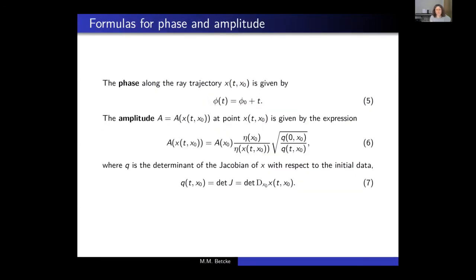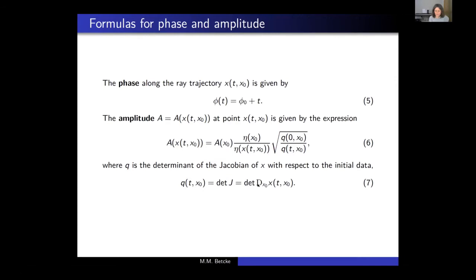Okay, so when we have the trajectory, the phase along the trajectories in our case is just the propagation time, and the amplitude along the trajectory can be easily obtained by solving this transport equation, and has this analytic form here where eta is the inverse of the speed of sound, and q is a determinant of the Jacobian, which is a derivative of the trajectory with respect to the initial data.